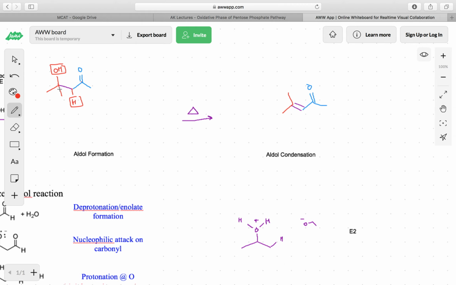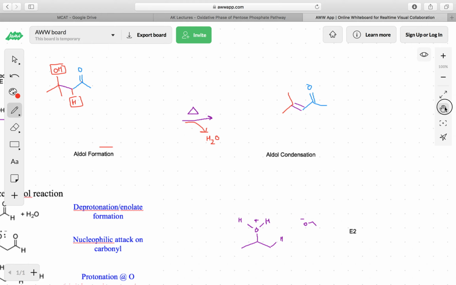But when that happens, we form a double bond over here in order to account for the octet rule. So that's why we get this compound over here. So this is the condensation because in this process, H2O was released. And this aldol condensation happens when you add heat to your aldol formation product.